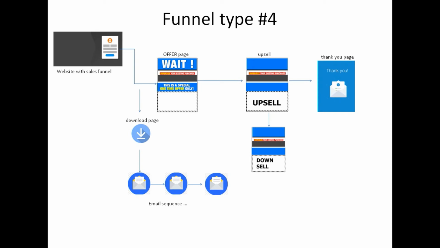Sometimes they might be asked to look at a stabilizer. The stabilizer has a 50% discount and same day delivery. So do you want to purchase a stabilizer? That is a downsell. If still people are not interested, it's cool. They will be taken to the thank you page. Along with that, people will be added into the email sequence.